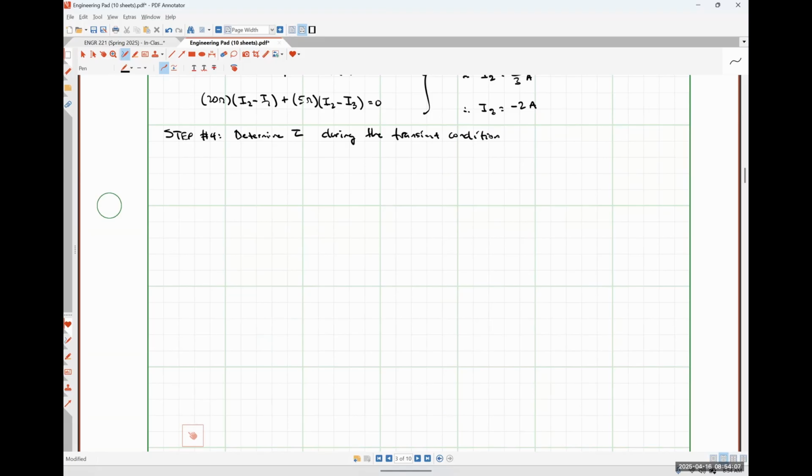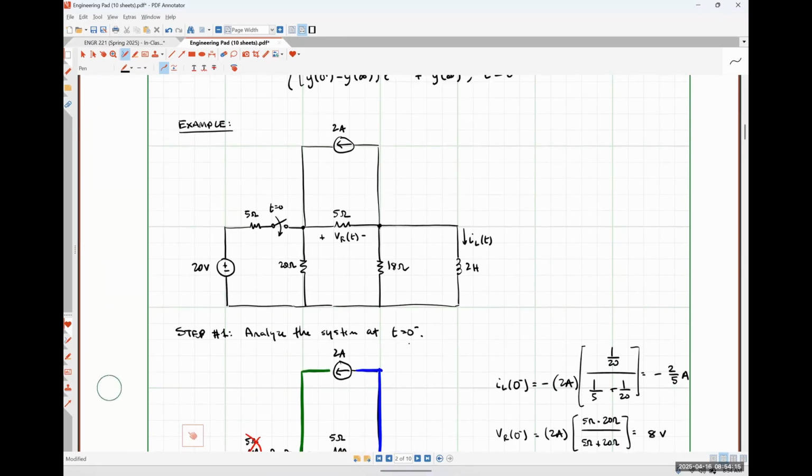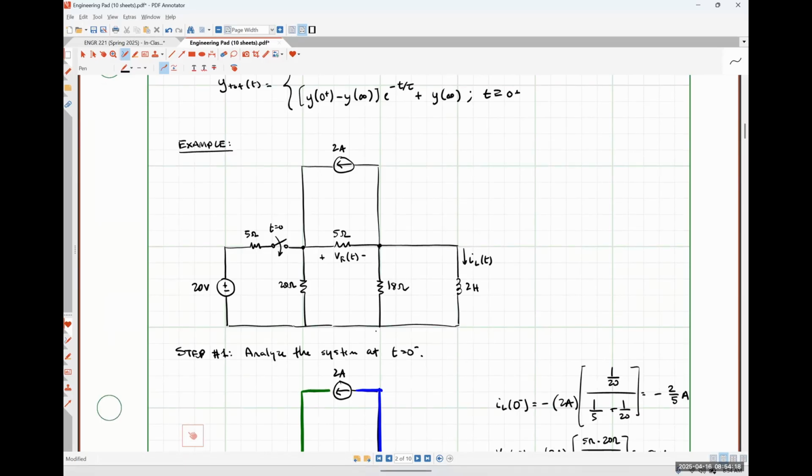Okay. So, silly question. I hope it's a silly question, or not necessarily a silly question, but an easy question. Is this an RL circuit or an RC circuit? It's an RL circuit because there's an inductor, there aren't any capacitors, right?